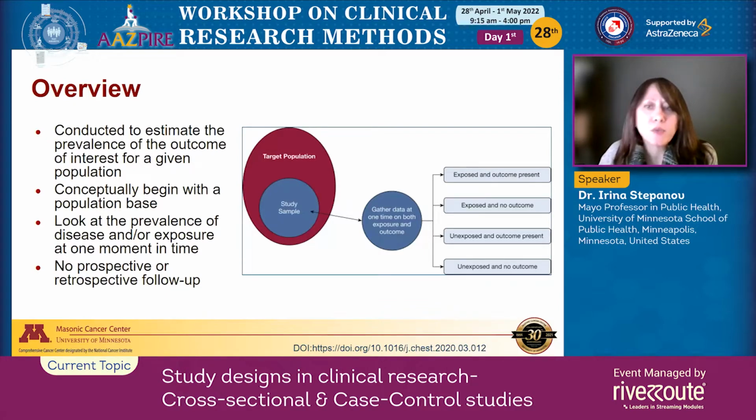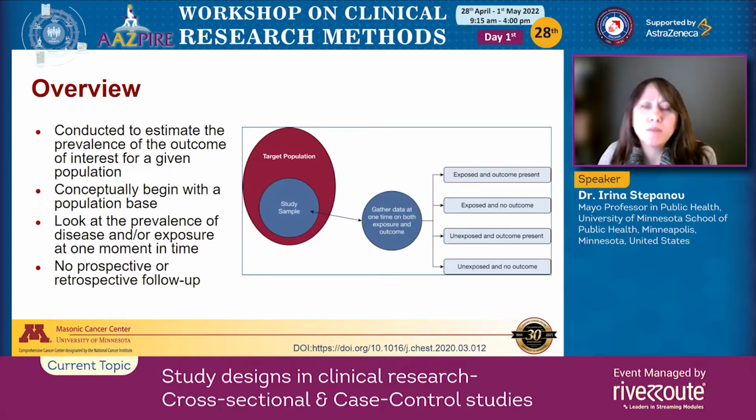And instead, we only look at the prevalence of disease or maybe prevalence of exposures, like in studies that I am conducting. You're looking at it at one moment in time.